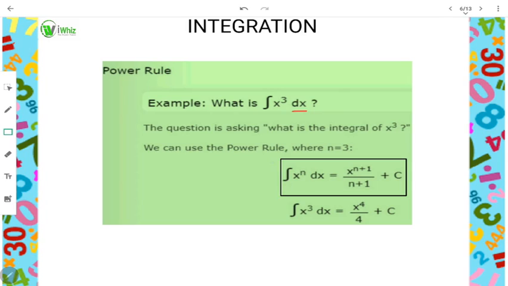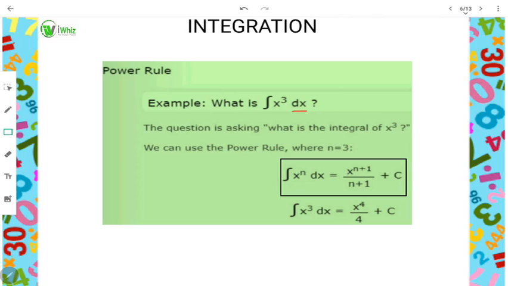The power rule states that the integral of x to the power n dx, like we have in the example, is equal to x to the power n plus 1, all over n plus 1. That seems familiar. Where did we come across that?